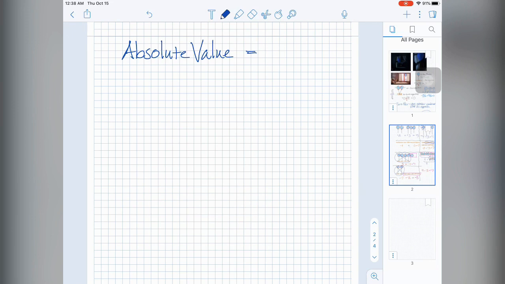And the absolute value is the distance a number is from 0.